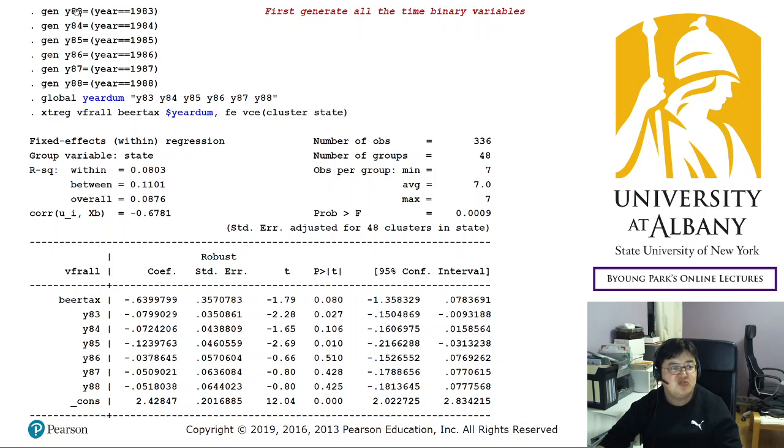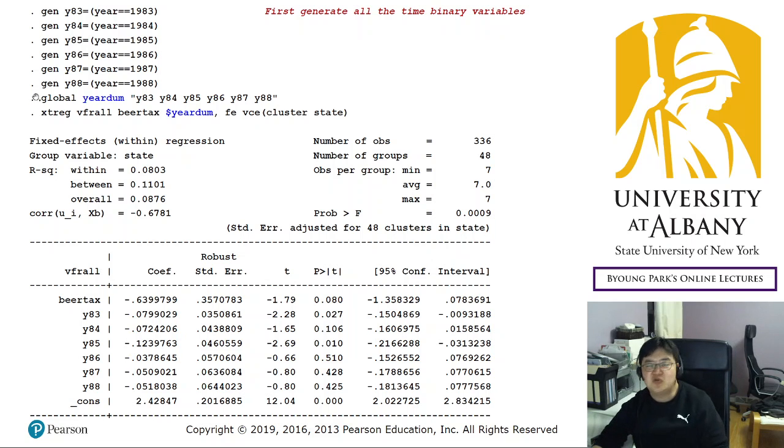And you need to do that for 6 different years: 83, 84, 85, 86, 87, 88. Here it shows an interesting command. Global yeardummy is defined as, in quotation marks, 83 through 88.